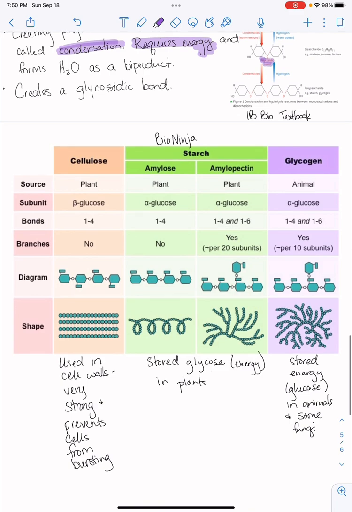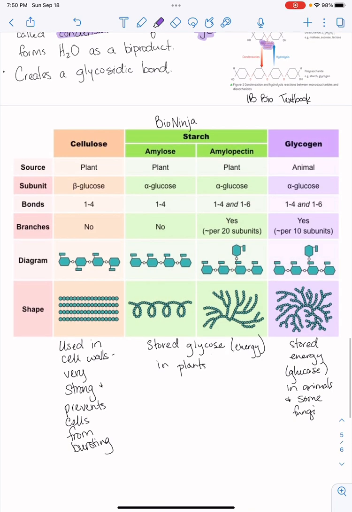The last thing that I want to talk about is the forms of polysaccharides that you need to know. And there are 3, and one of them, as you can see, kind of breaks into 2. So cellulose and starch are both in plants, okay?